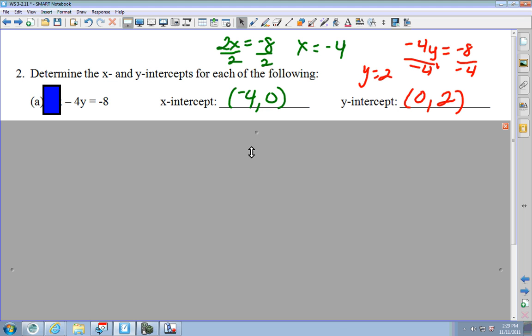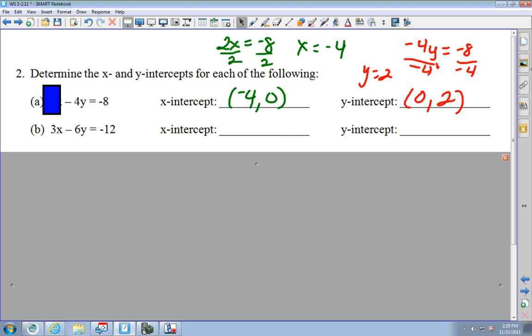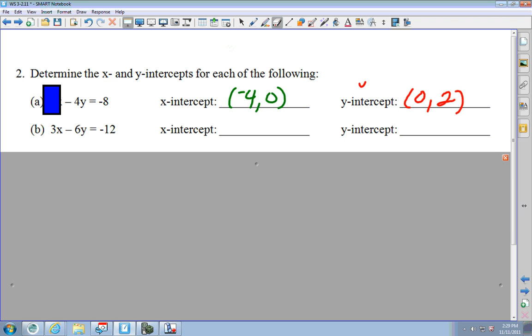Well, let's see. Can you do the next one? I'm going to erase what's above here so I have room to write. To find my x-intercept, I'm going to cover up my y. I have 3x equals negative 12. I'm going to divide by 3. X equals negative 4. Same as the other one.